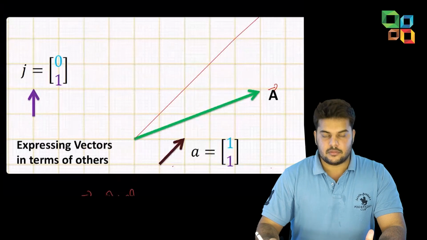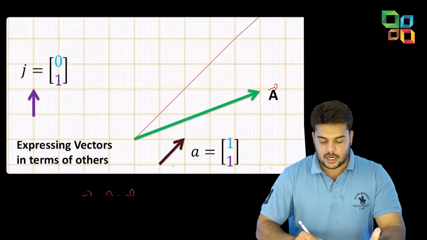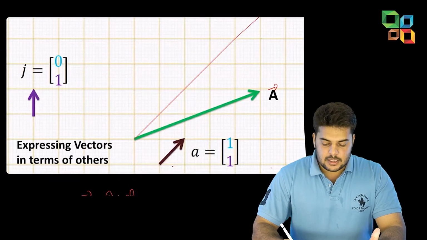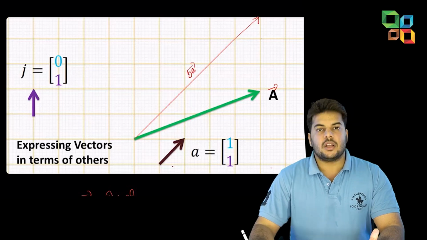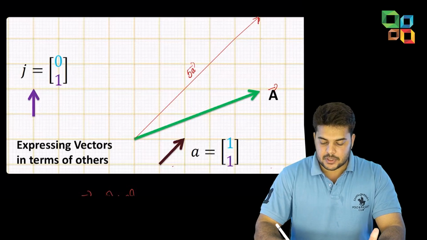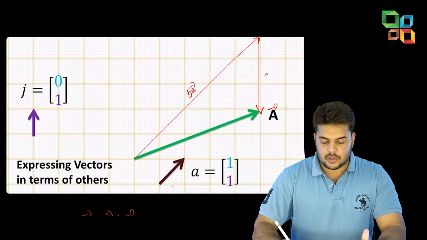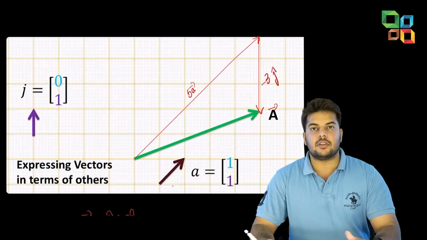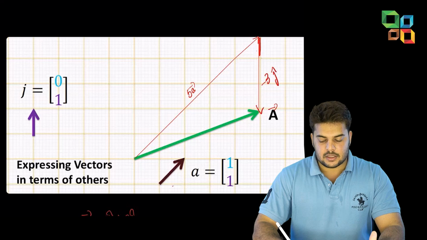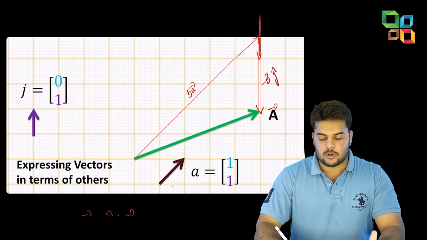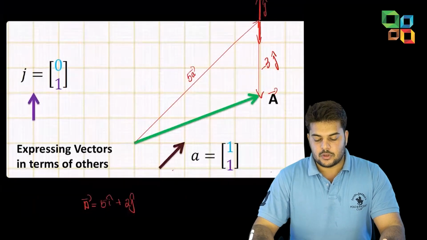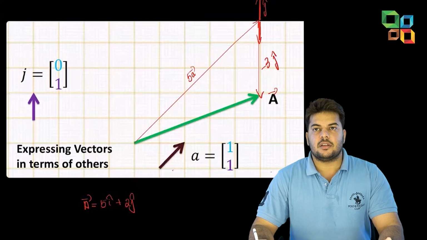Now it is proper, isn't it? So this is 5a vectors. And from here, I need to get 3 steps down. So this is the negative 3j vector. Because this is negative j, this would be j. So we get 5a minus 3j.